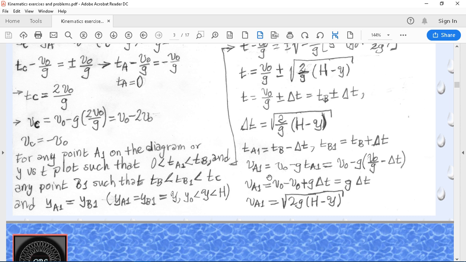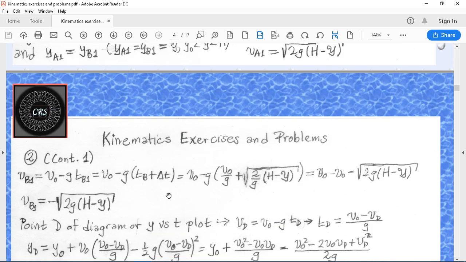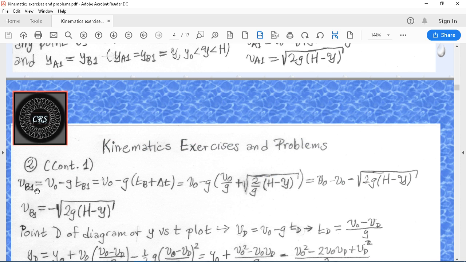So, replacing this value in the equation for velocity VA1, we have V0 minus G TA1 equals VA1, and after replacements and simplifications, we have that VA1 equals the square root of 2G times H minus Y. Okay, making the same replacements for VB1 in the respective equation, VB1 equals V0 minus G TB1.